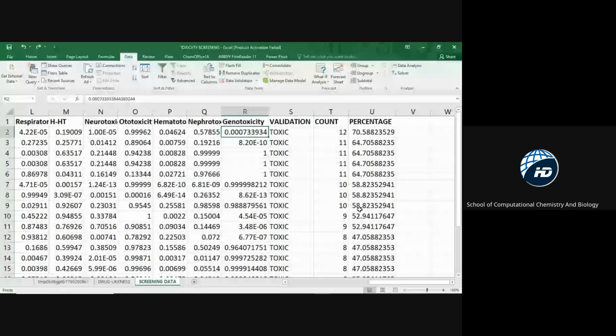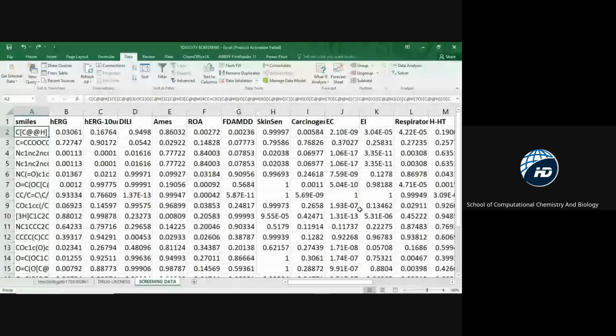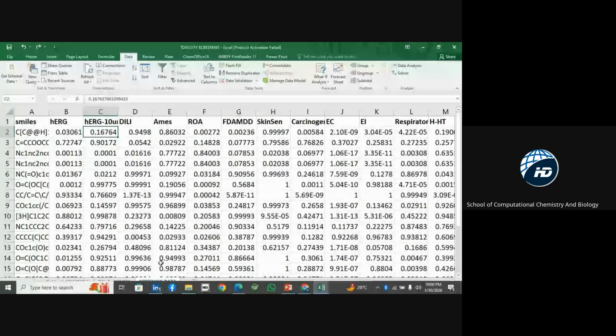Like this first one for toxicity, we accept only 70% and above. This first one is my code, so you can trace this code to see if it's among the ones that passed the likeness model.